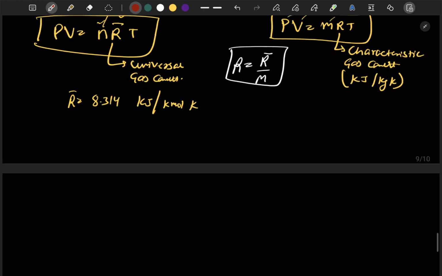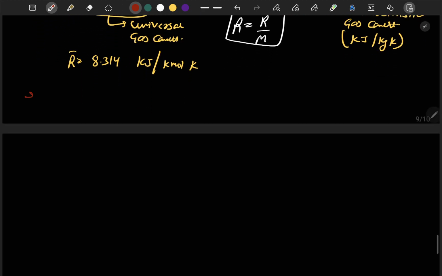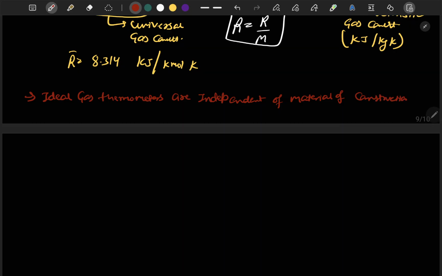So the most important point is that ideal gas thermometers are independent of the material of construction.